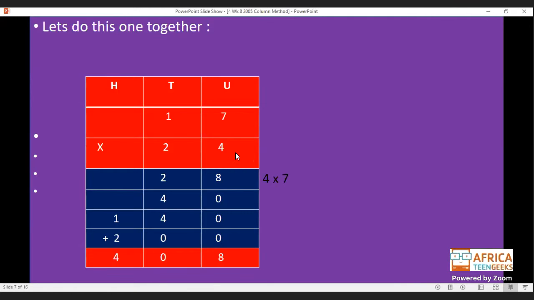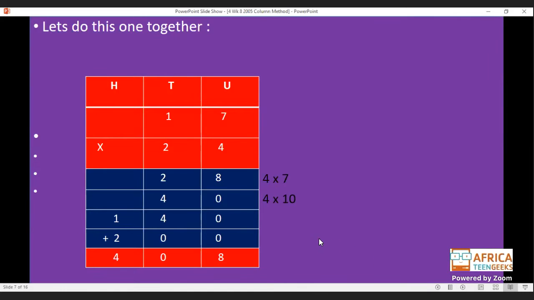You said 4 times 7, and then we have to multiply 4 with the tens. We have multiplied 4 with the unit, and the unit is 7. So now we have to multiply 4 with the tens. So you must say 4 times what? 4 times 10. And what is 4 times 10? 40. Yes, it's 40.